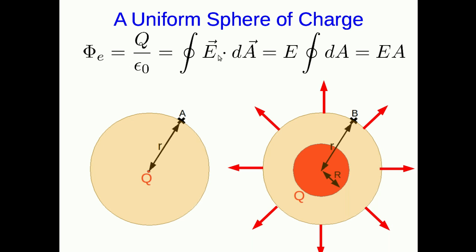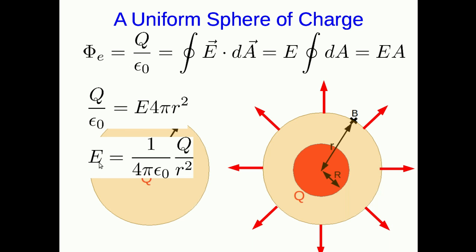And so that dot product just goes away. In other words, our area vectors are parallel to our E field vectors, so cos theta is a cos of 0, and the E field is uniform everywhere on the sphere, so we can just pull it out in front, and now we have an integral dA. That's just the area of the sphere. The area of a sphere is 4 pi r squared.